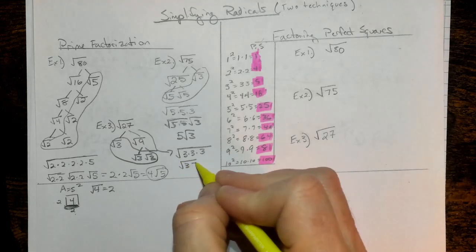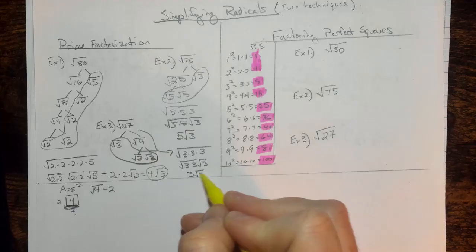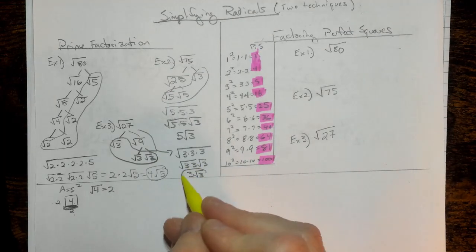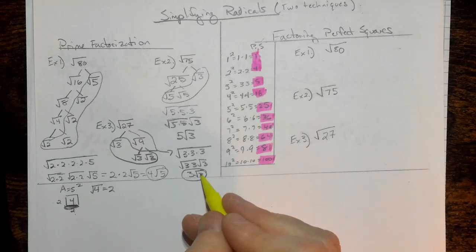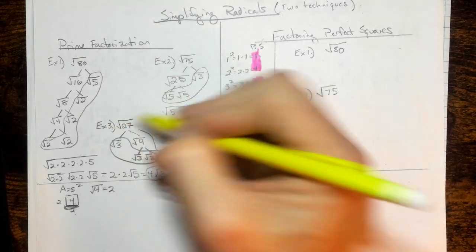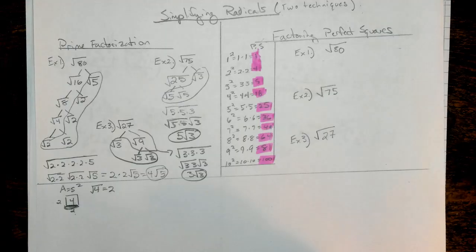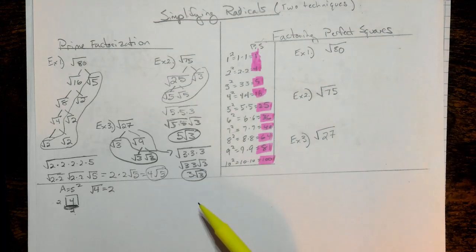So for every 2 underneath the square root symbol, it leaves me with 1 outside, right? Because the square root of that 9 is this 3. And so this would be my answer: 3 square roots of 3 is the answer to simplifying the square root of 27, just like 5 square root of 3 is the simplest form of the square root of 75.